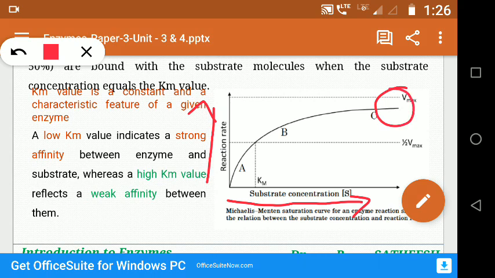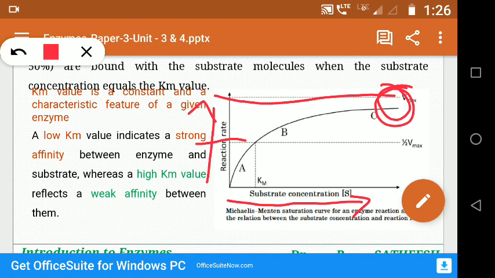At a particular point where the substrate concentration increases beyond the saturation level, we will get the maximum velocity of the enzyme, which is known as Vmax. So Vmax is here, and 50% of the Vmax is this.